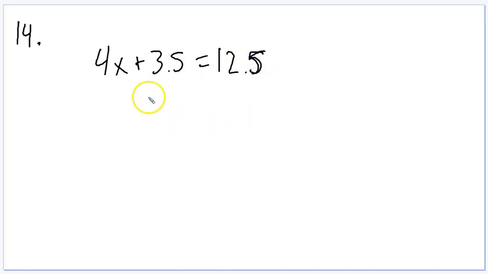We've got 4x plus 3.5 equals 12.5. So we're going to subtract, because this is addition, 3.5 minus 3.5.